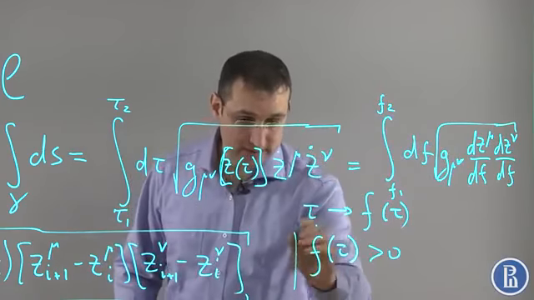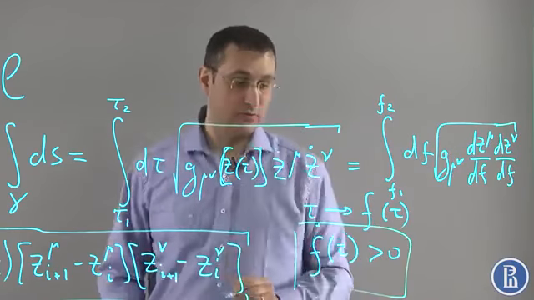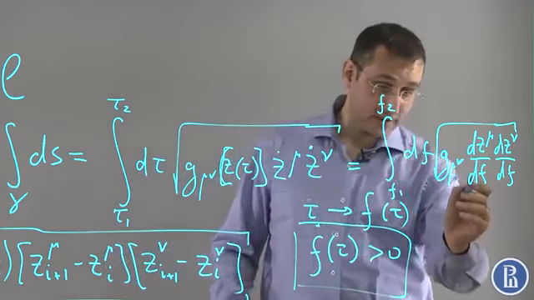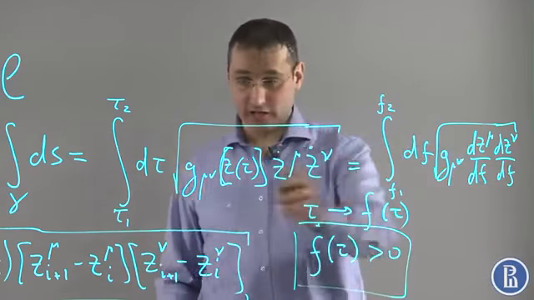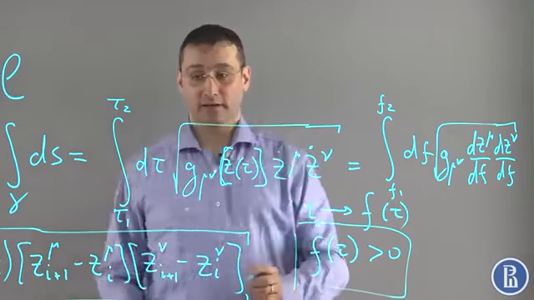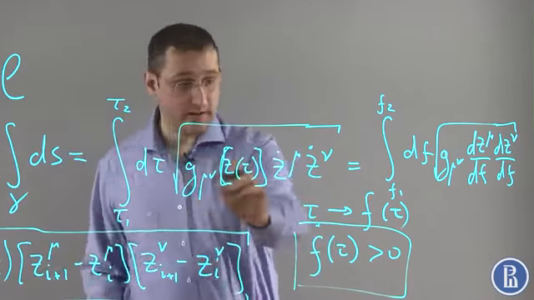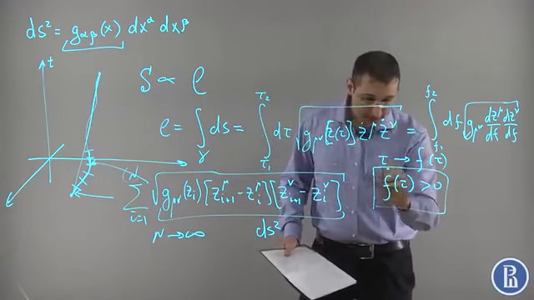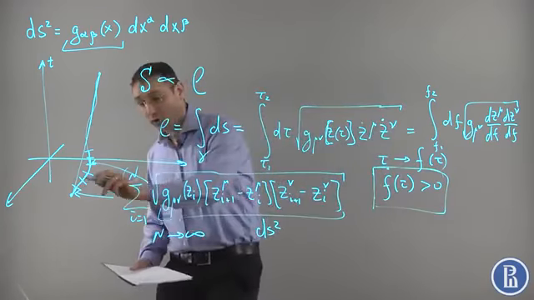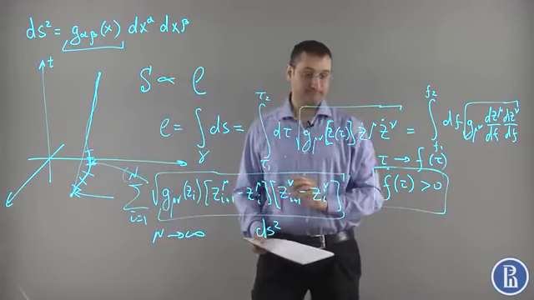If f dot of tau is greater than 0, then we can extract this from the square root and cancel it and change to a different parameterization. Tau and f are just different parameterizations of the same world line. And this condition just says that we have to respect the order of points along the world line.